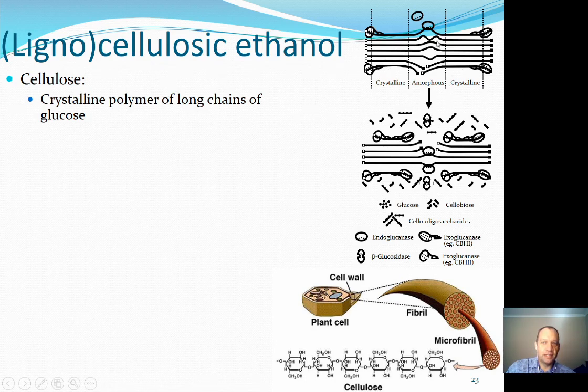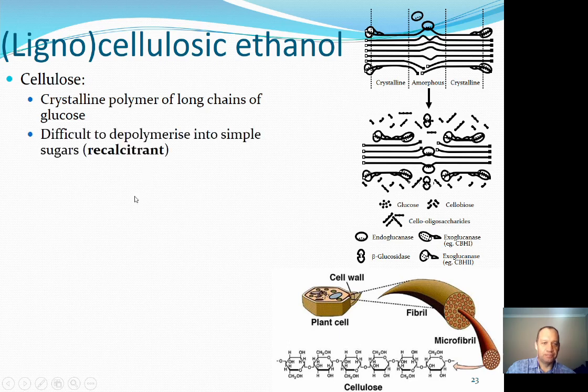Every now and again there's a kind of less ordered part which we call amorphous cellulose. And because of this crystalline structure, it's quite difficult to depolymerize or break down, and that's why we will also see lignocellulose or cellulose specifically being referred to as a recalcitrant substrate.